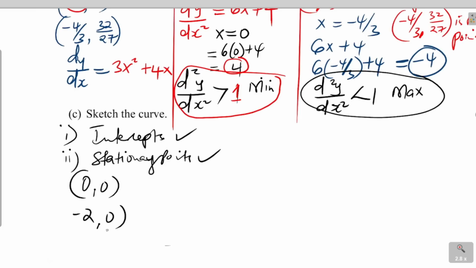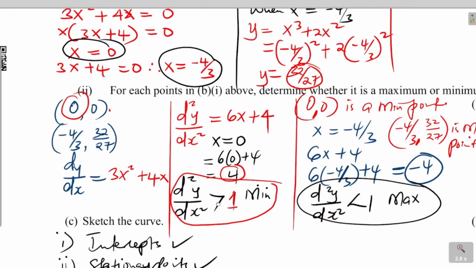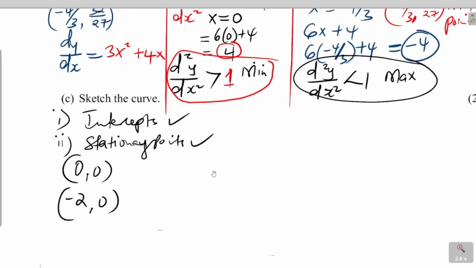And then the stationary points. The stationary points are (0, 0) and (negative 4 over 3, 32 over 27).